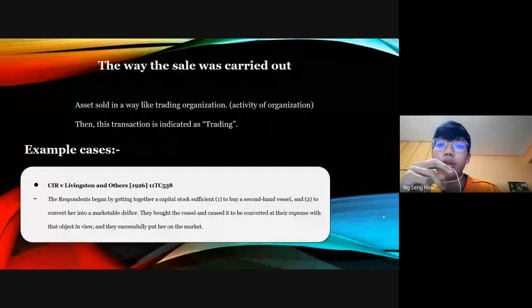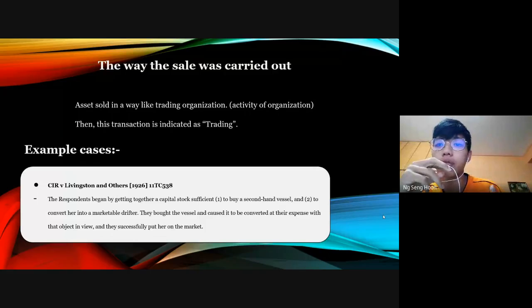1926. So the respondents began by getting together a capital stock sufficient to buy a second-hand vessel and to convert it into a marketable drifter. So they bought the vessel and caused it to be converted at their expense with their objective in view. And they successfully put her on the market.